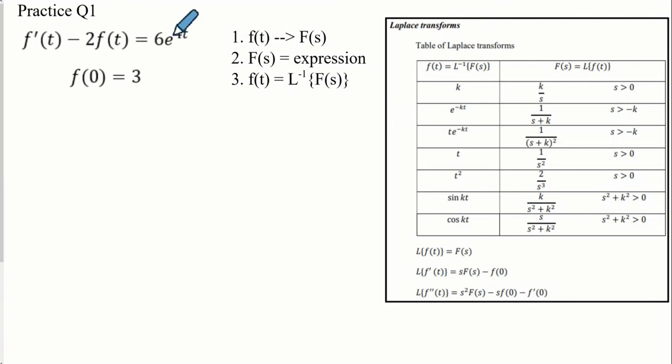First, you transform everything in your equation from the f of t land to the f of s by using the lookup table as well as the Laplace transform of derivatives formula. And then once you have done that, you can get an expression of f of s by rearranging the transformed expressions that you obtained from step one.